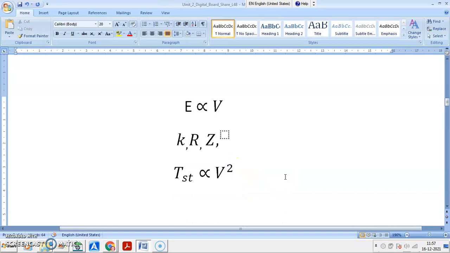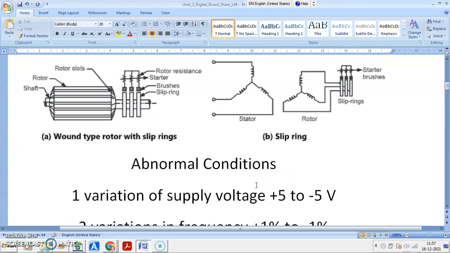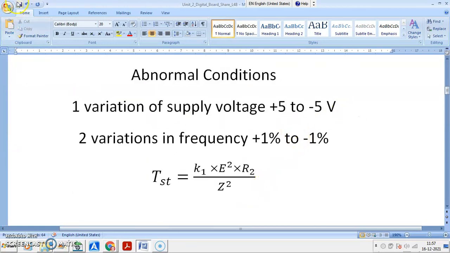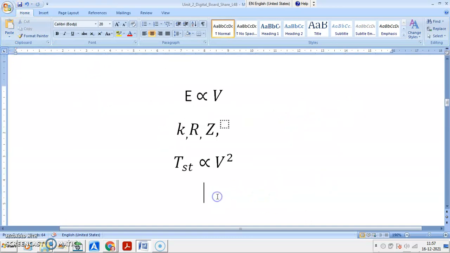Okay. So change in voltage, as we have mentioned here, directly affects the starting torque. So this you can explain.